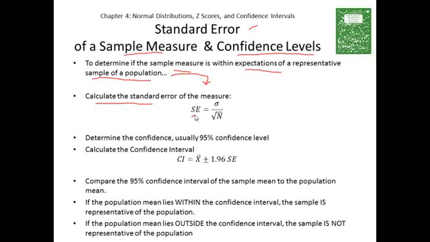The standard error, denoted by SE, of a measure is simply equal to the standard deviation of the population divided by the square root of the number of people or the number of responses within my sample. So this is the standard deviation of the population, and this is the number of responses within my sample.